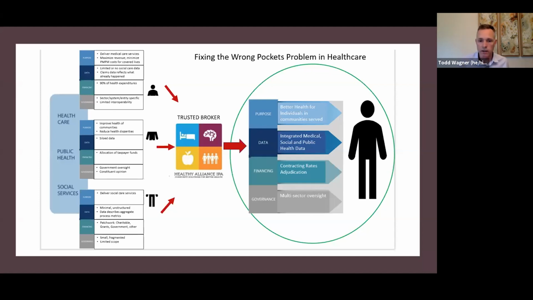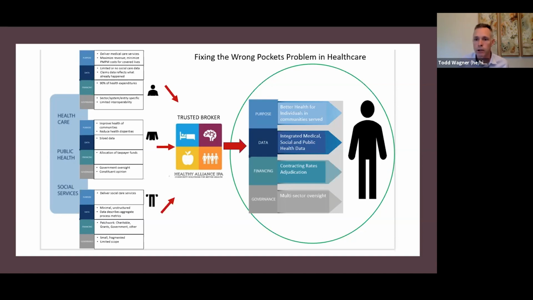One of the challenges that you'll see is that governance is forever a challenge. If it's just healthcare, or just the sector that's paying for these things, often they'll disinvest in the service because it doesn't benefit them, it benefits somebody else. A number of years ago, Keith Humphreys here at Stanford and myself were looking at why the VA was disinvesting from substance use. It was because it didn't have a return for the hospital itself.